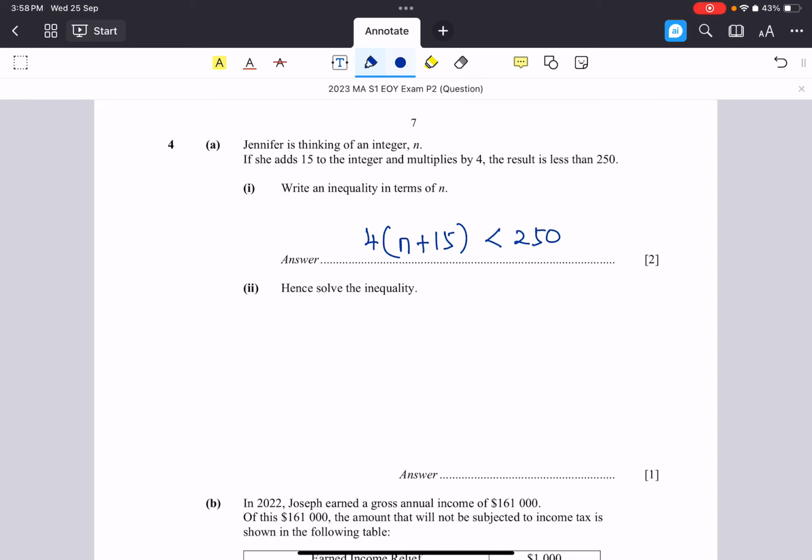Then we solve this the old-fashioned way, step by step. So this plus 60 less than 250. So 4n is less than 190, and 190 divided by 4 gives us 47.5.